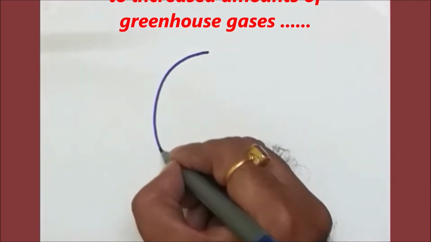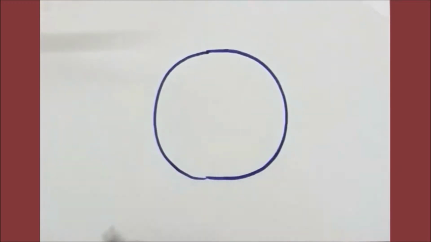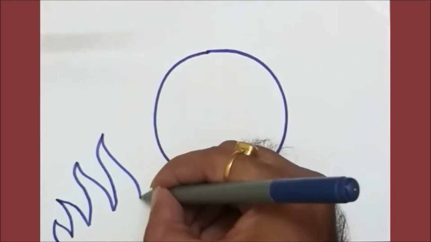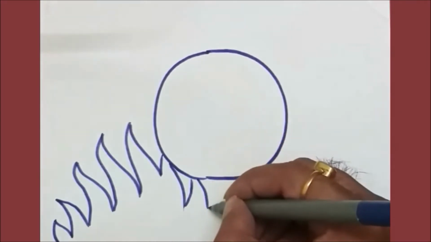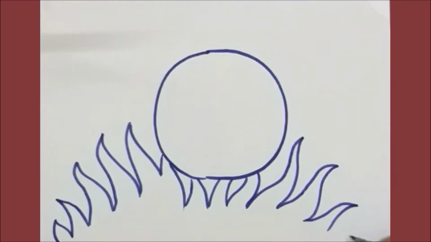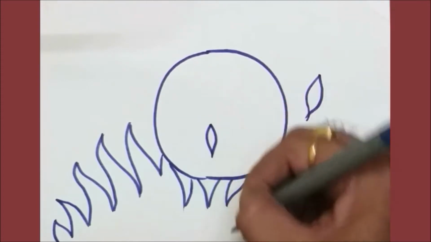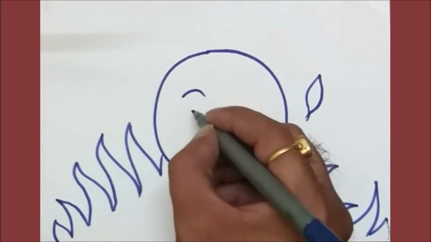Here, one circle for showing the earth, which is fully hot. I want to show a few flames here.